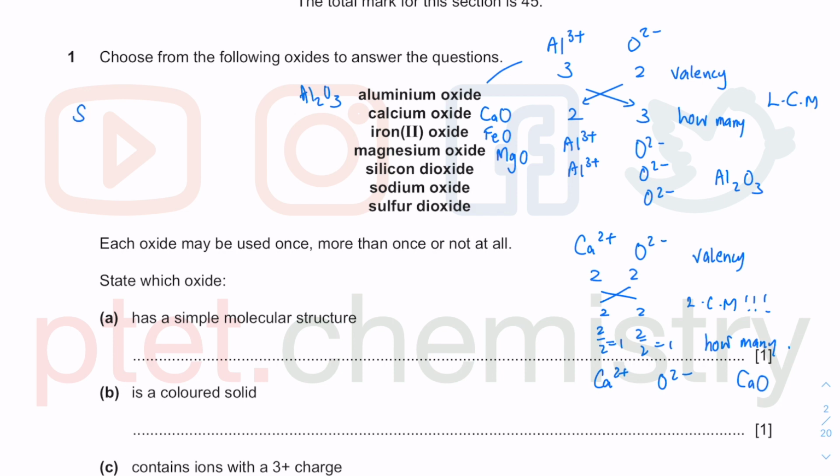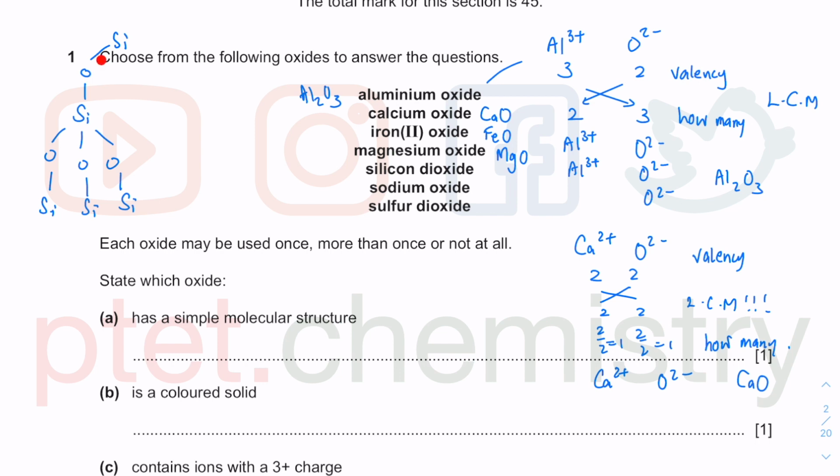Silicon dioxide. So silicon dioxide is under giant covalent structure. Candidates should be able to describe the structure of silicon dioxide as stated in the structure and bonding under giant covalent structure, giant molecular structure. So each silicon is bonded to 4 oxygen because silicon in group 4 forms 1, 2, 3 and 4 covalent bonds.